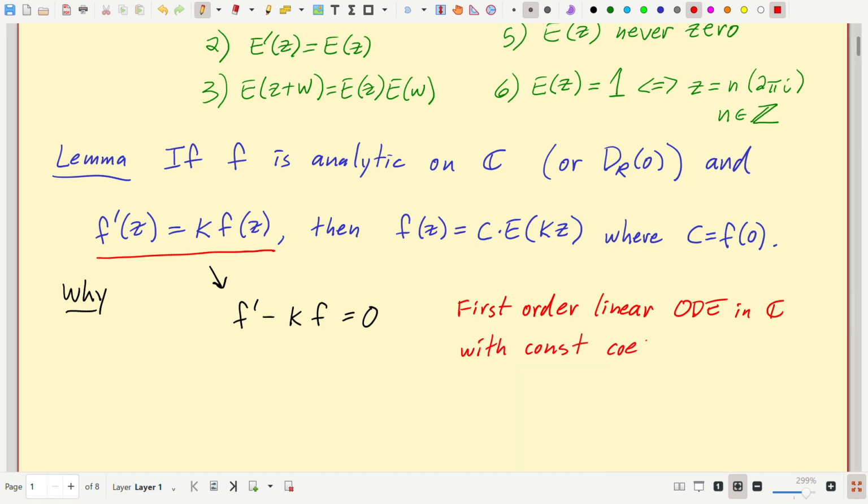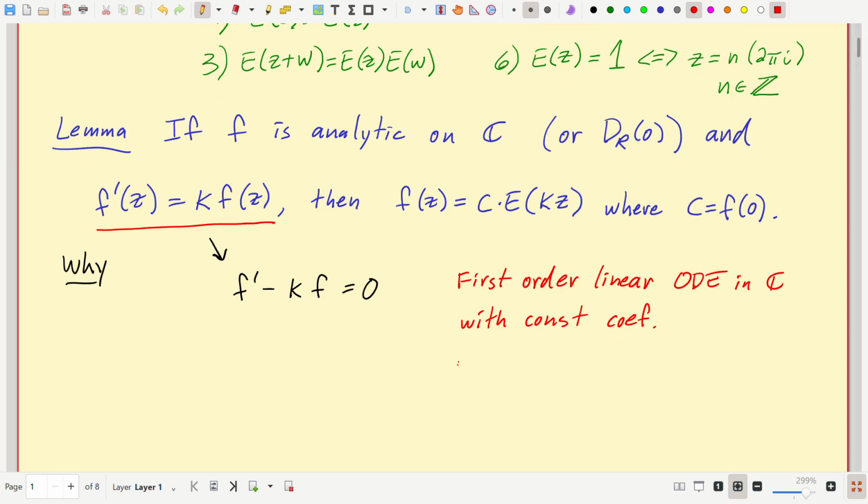You learned how to solve those in Math 262. Integrating factor, that was the trick. Multiplying by an integrating factor makes it the derivative of something. And the integrating factor in this case would be e to the minus kx in Math 262.